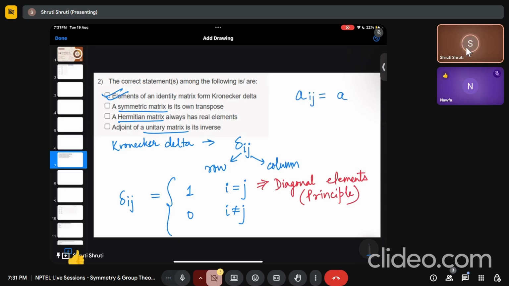Aij is equal to Aji. This means A is equal to A transpose. So this itself is the definition of a symmetric matrix, that it is equal to its transpose. So this statement is also correct.